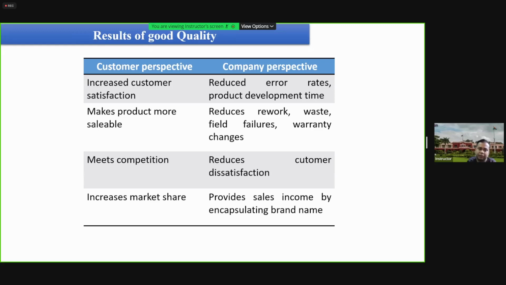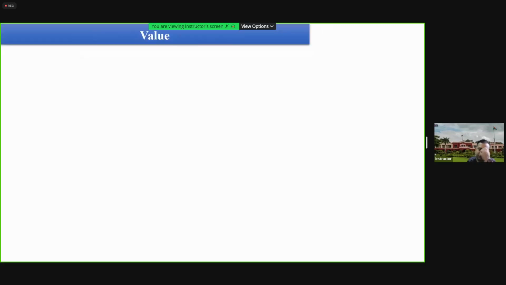Before moving forward, another term we talk about with respect to quality is value. We have seen that we have to provide more value to our product, but also ensure that costs do not increase. Value is defined as a ratio of function to cost, or utility to cost.